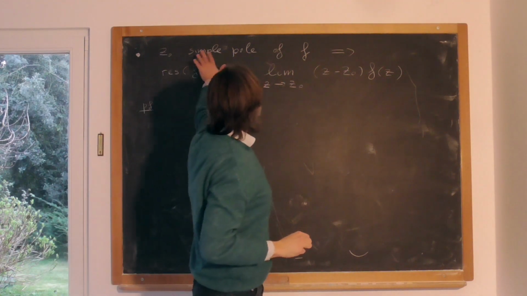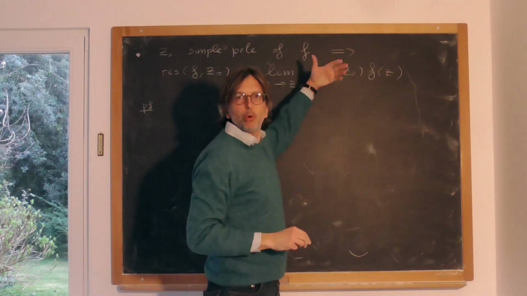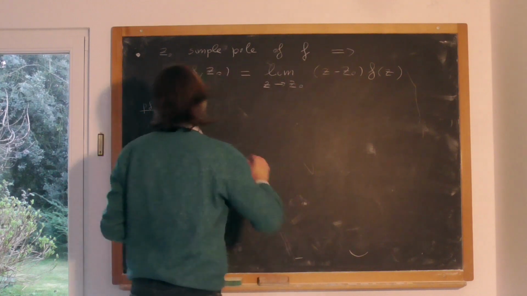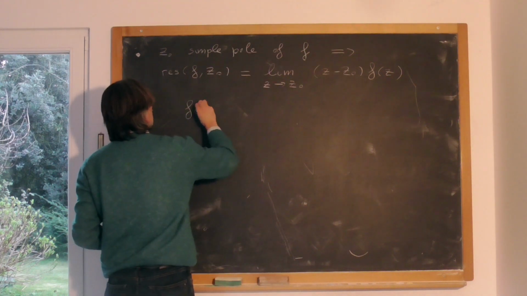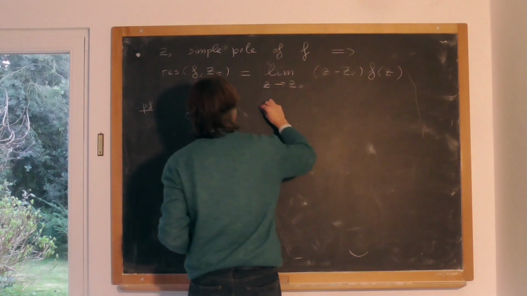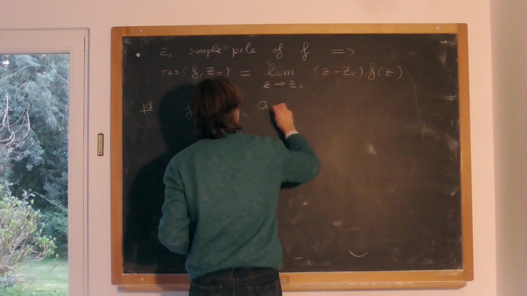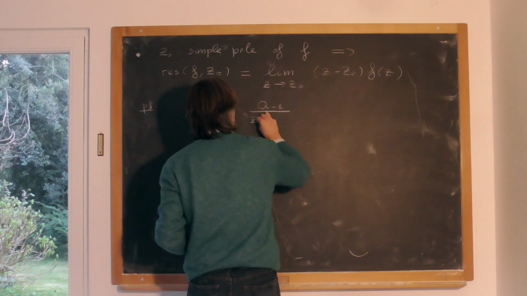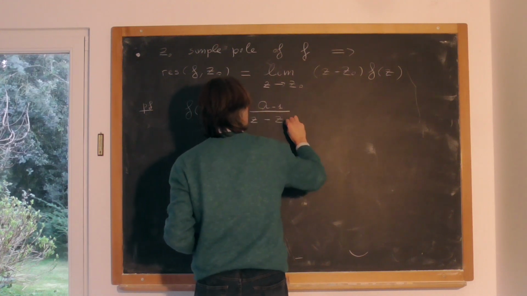So this is a simple pole of f, so it's a pole of order 1. What does this mean? This means that f(z) is of the form a_{-1} divided by z minus z0.